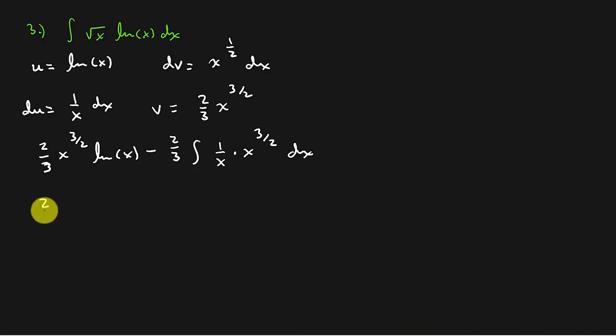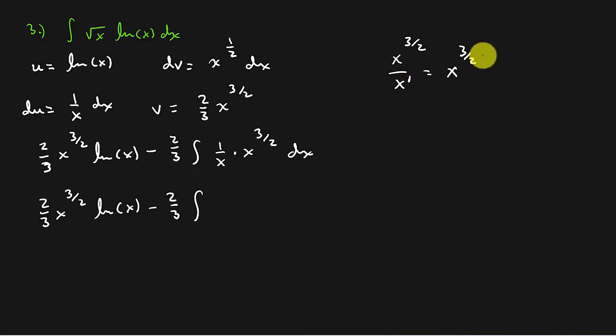All right, so that's going to give me 2/3 x to the 3/2 natural log x minus 2/3 integral. Now, this in here is the same thing as x to the 3/2 over x to the first power, right? And that's x to the 3/2 minus 1, which is x to the 1/2. So that's going to be x to the 1/2 dx.